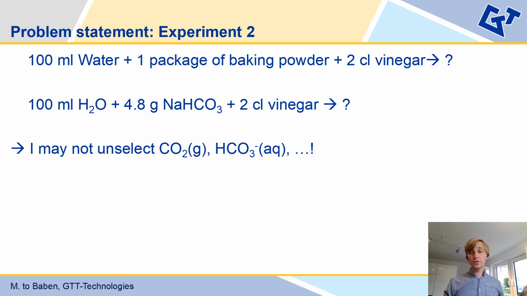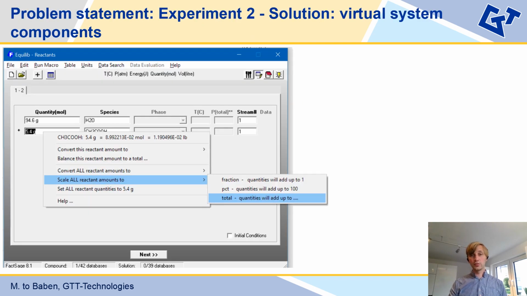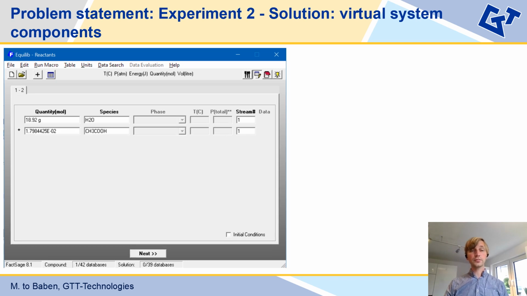If you want to calculate this using FactSage, we may not unselect the CO2 from the gas phase. We may not unselect the HCO3 acid residue from the aqueous solution. So the only way we can do this is by working with virtual system components. First of all, let's rescale the input amount we used earlier to 20 grams. You can do this again with a right click on the second reactant, scale all reactant amounts to a total of 20 grams.